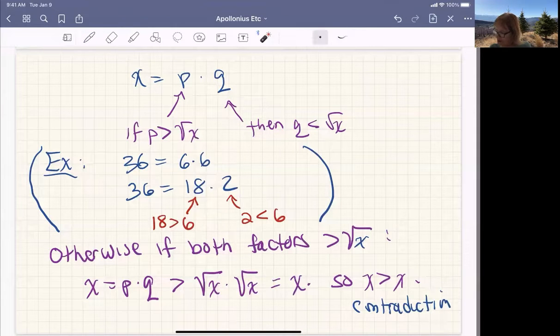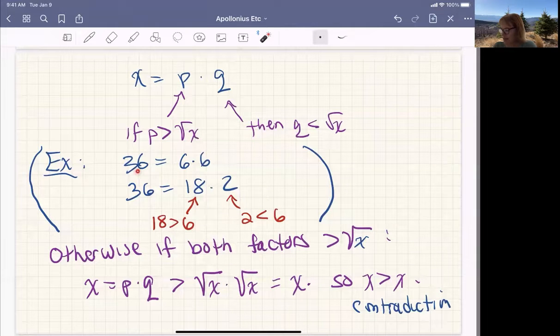You have x is equal to p times q. P is greater than the square root of x. Q is greater than the square root of x. Square root of x times the square root of x is x. So you have x is greater than x, which is a contradiction. So if one of these is greater than the square root of x, the other must be less than the square root of x.